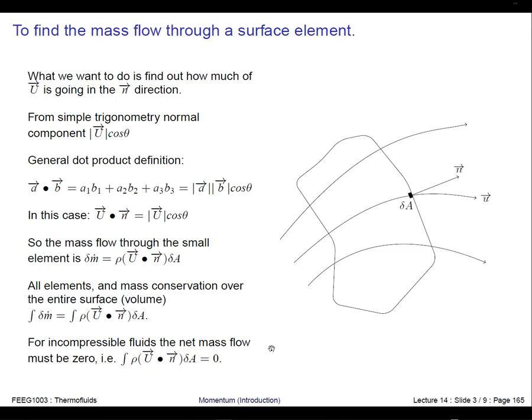Okay, so what I want you to get across is the idea that the velocity field is transporting or conveying information. It can convey anything. It can convey density, it can convey energy, and in this particular case it can also convey momentum.